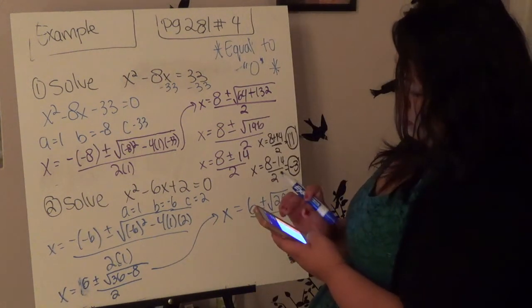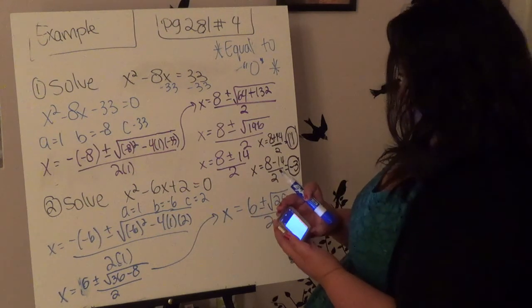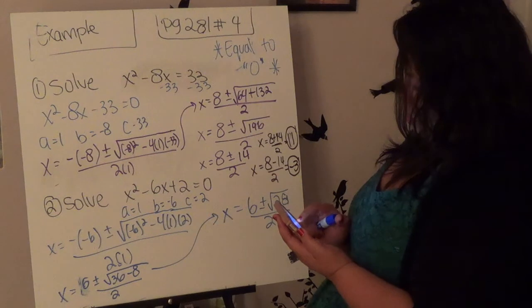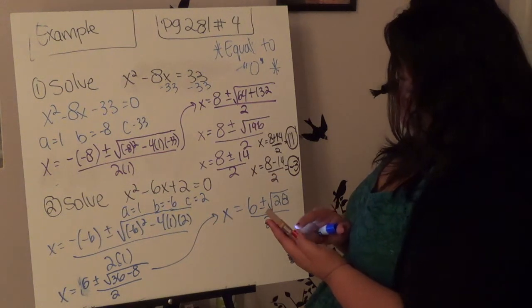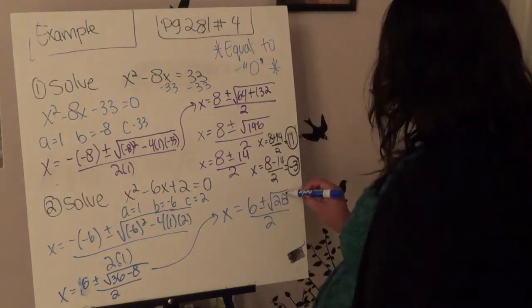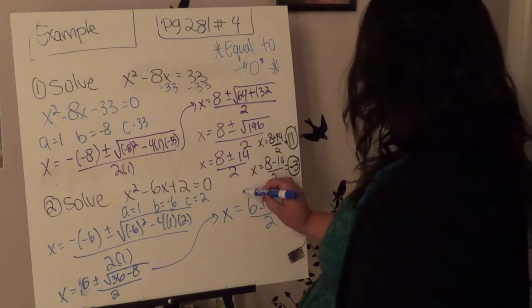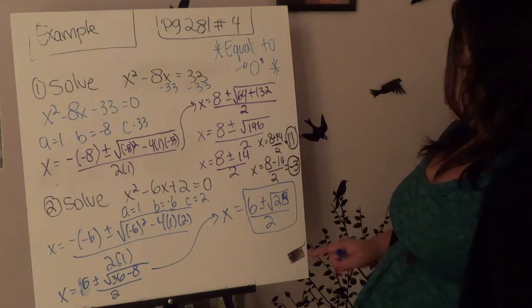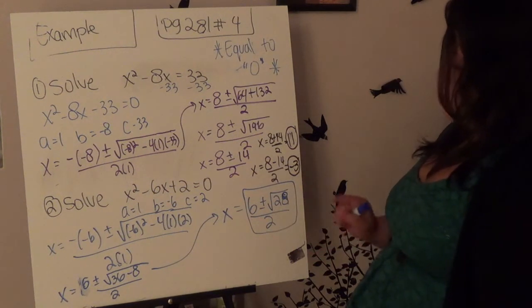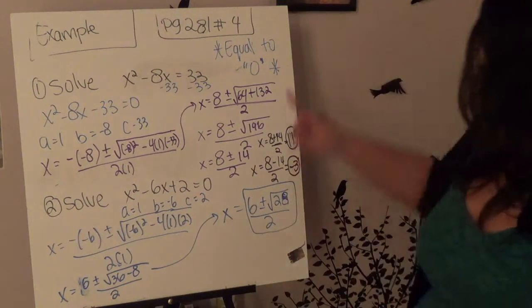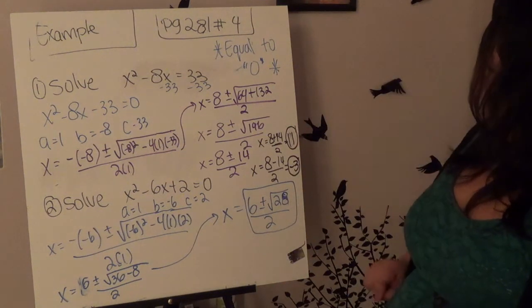What's my decimal? .29. So because this doesn't give me a whole number, I'm going to go ahead and just stop right there. Because both answers are going to be decimals, I'm just going to stop and leave my answer there. So if they give you a whole number, go ahead and continue and find the two answers.